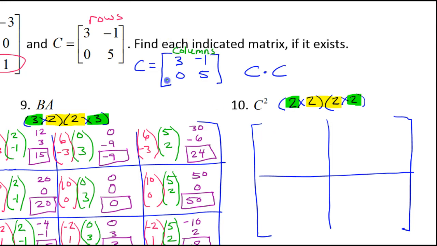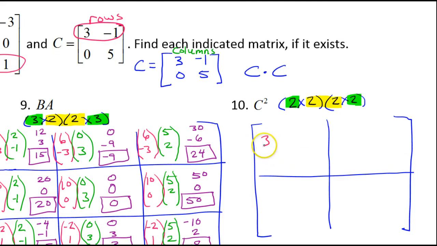So, I need to multiply these rows by these columns. And I think I'll write down all my rows first, and then I will write down all my columns. So every entry in row 1 will involve multiplying by row 1. So row 1 will appear in row 1.